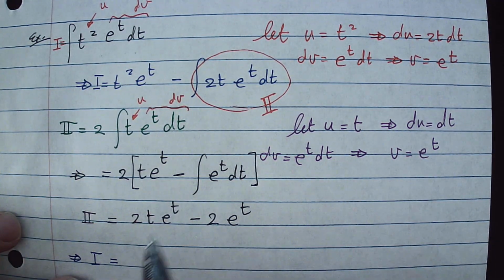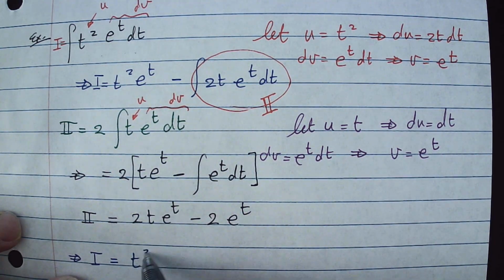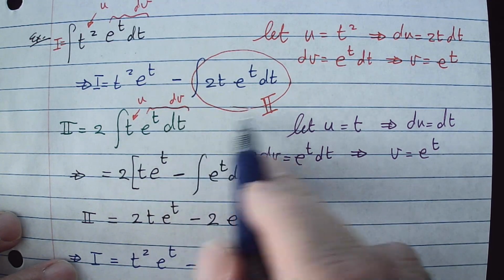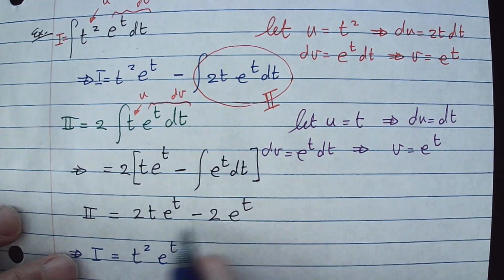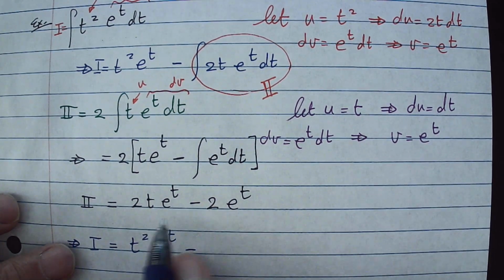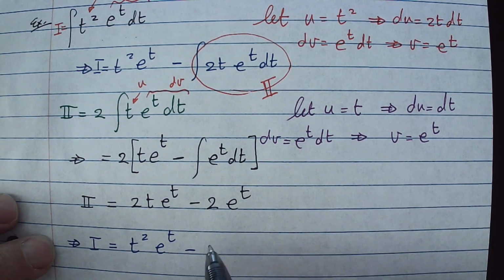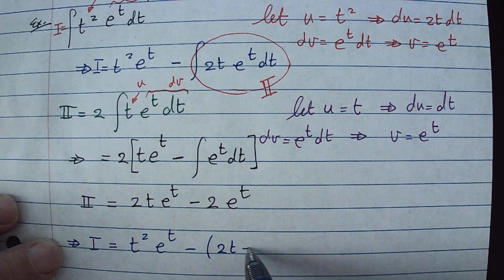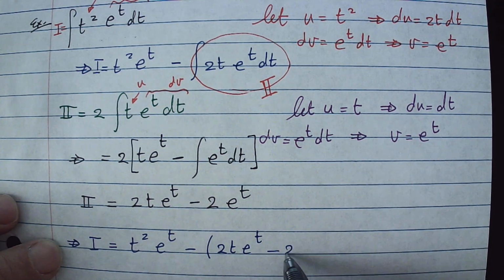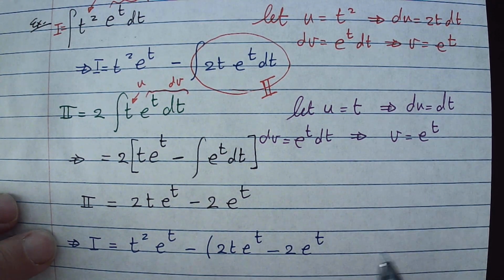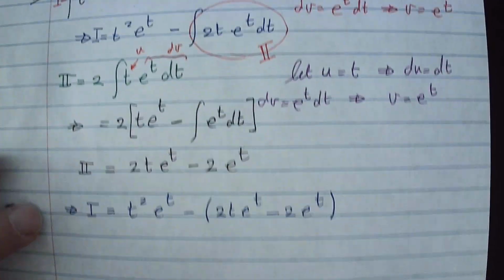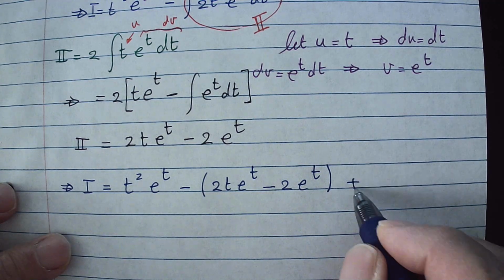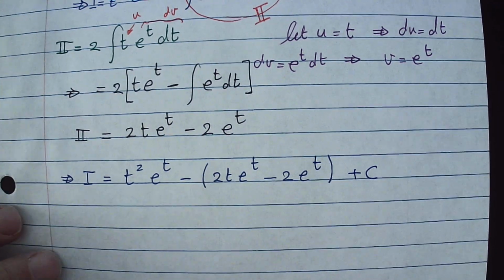So I is t squared e to the t minus, now whatever in this circle here should be replaced by the result I determined here. 2t e to the t minus 2 e to the t, and once I'm done, I have no more integrals to do. Then I can add plus c, the constant of the integration.